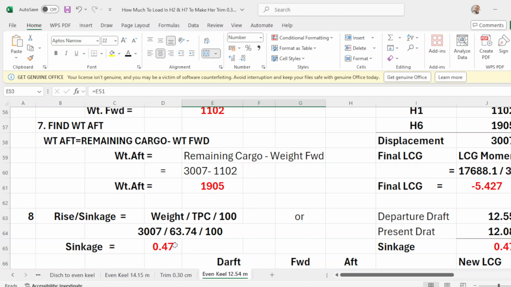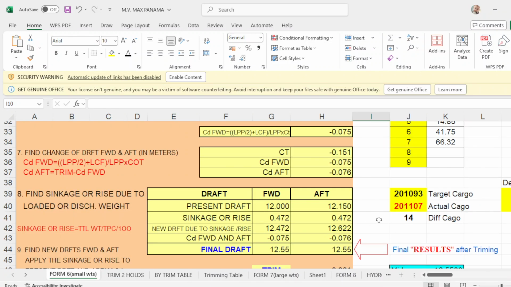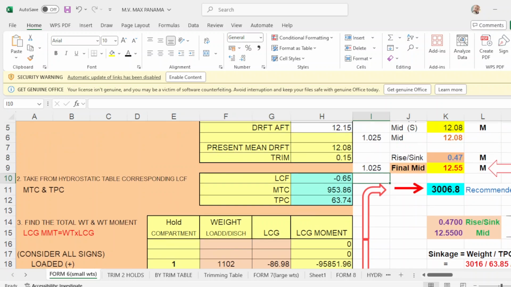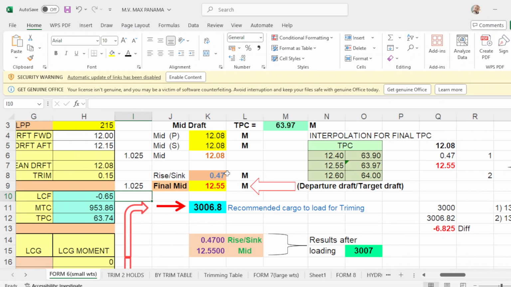But first, we will solve for the sinkage of 0.47. Okay. Sinkage, which is this one. This is your sinkage.